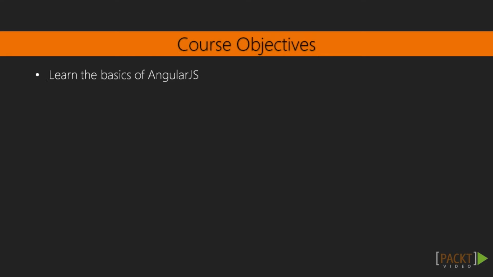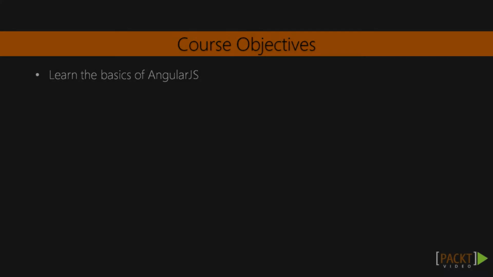The main objective of this course is to jump straight into action and learn how to use the features of AngularJS by example. The main goals expected to be achieved in this process are the following. First, learn the basics of the AngularJS framework. What are the advantages and the restrictions involved, and what kind of project it suits better.